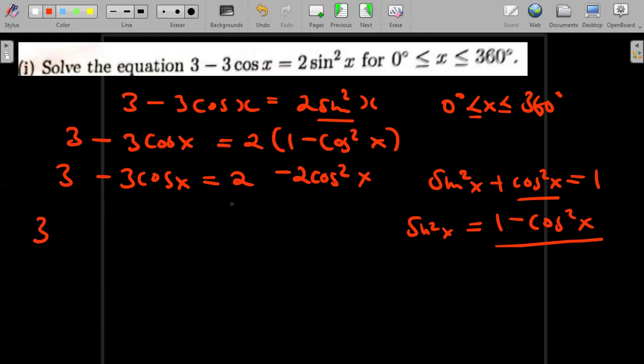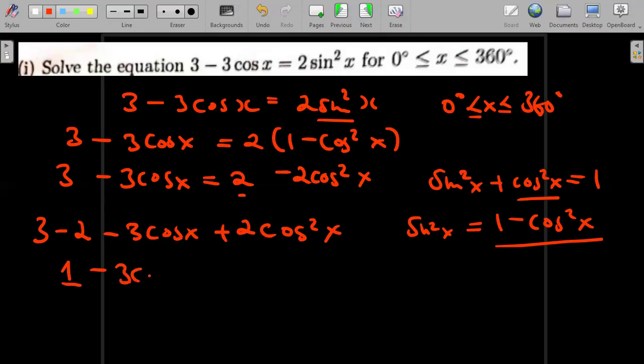I'll have 3, when this goes this way, it becomes minus 2. Then I have minus 3 cos x. Then I'll have plus 2 cos squared x, like this. Then from here, when I subtract 3 minus 2, I get 1, and I have minus 3 cos x, then plus 2 cos squared x.